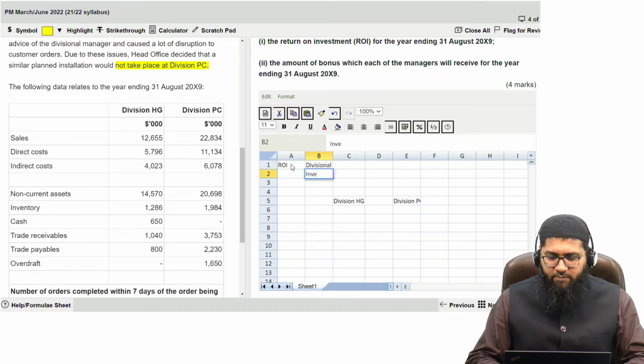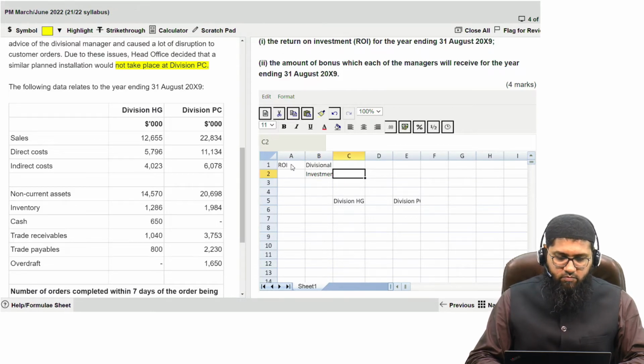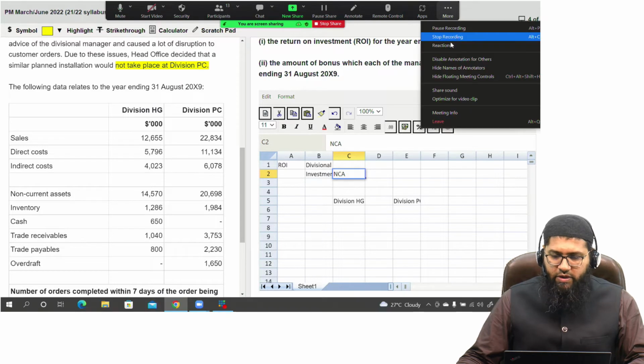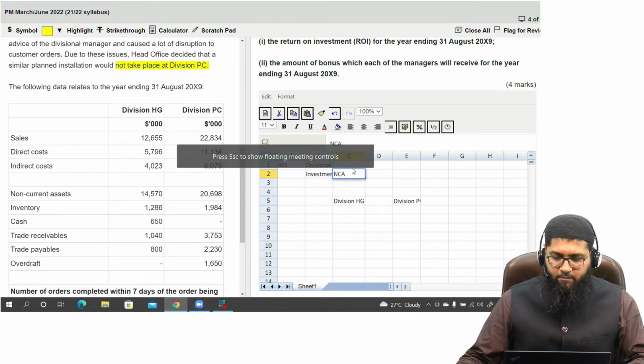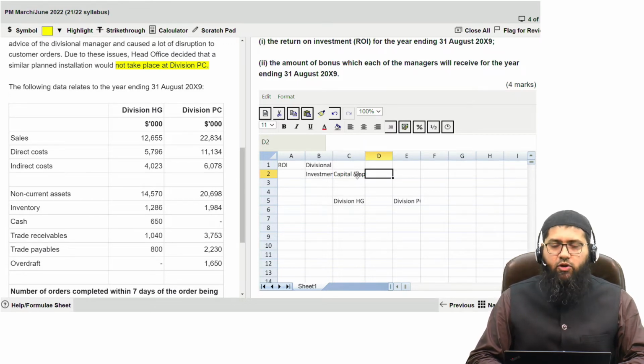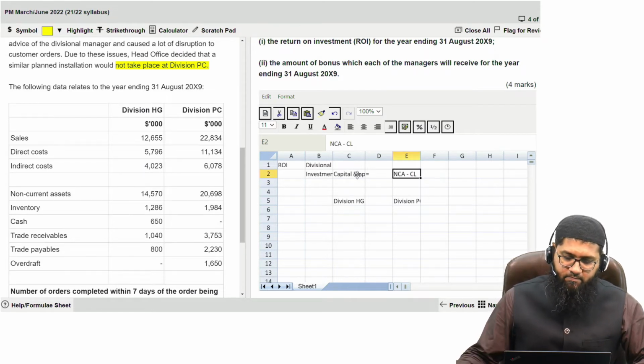The investment is equal to capital employed, and the capital employed is equivalent to non-current asset minus current liability.